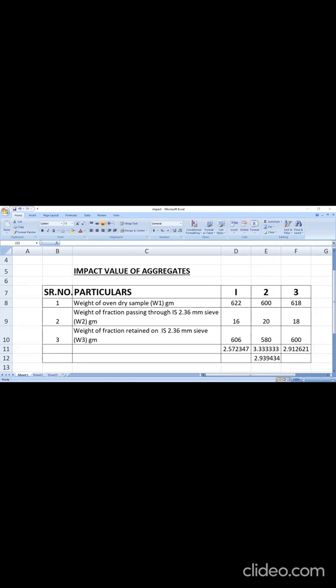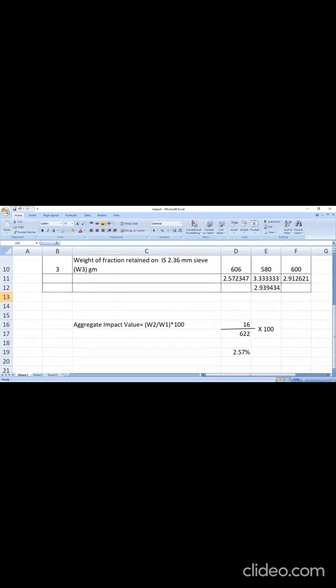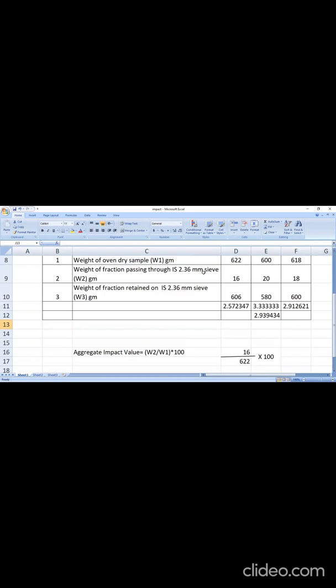Now for the calculation, the aggregate impact value is calculated as W2 upon W1 into 100. W2 means the weight of the fraction passing through the 2.36 mm IS sieve, divided by W1, the weight of the oven dry sample.